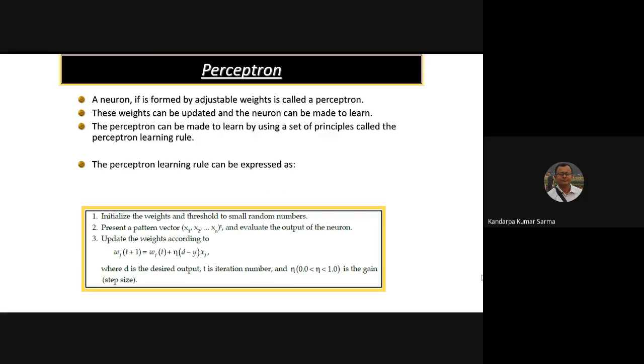Now to generate a perceptron, we know that the perceptron is a straightforward Matlab model that has the capability to learn, and its capability to learn is governed by the gradient descent function.